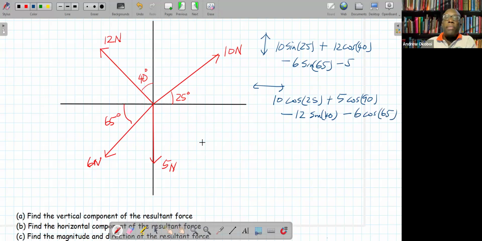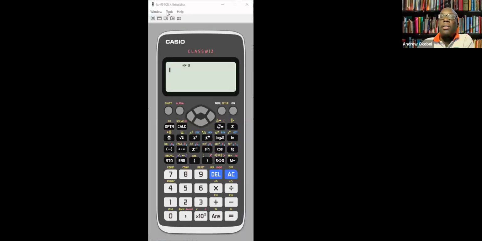Okay, so we'll go ahead and put these all on the calculator. To find the resultant and the direction, we're going to use the calculator as well. So I will get the vertical component first.